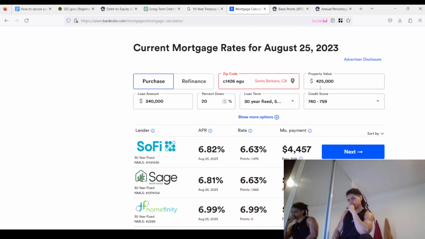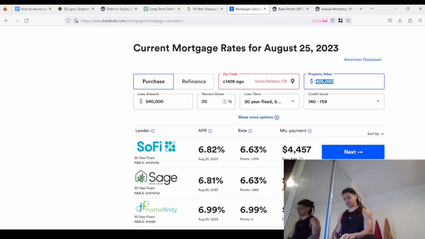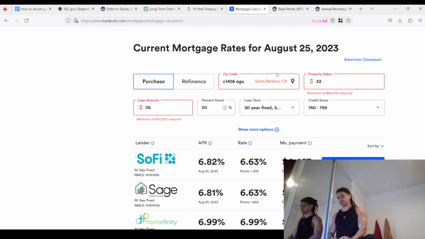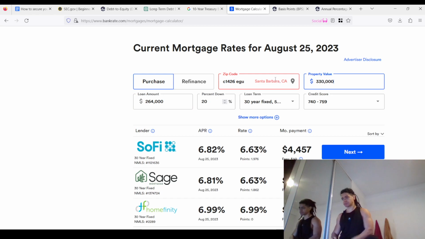Holy hell. What if the property value of that house is something below that, you know? In Santa Barbara. But in this case, come on, man.